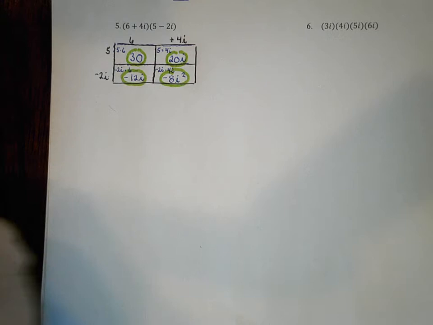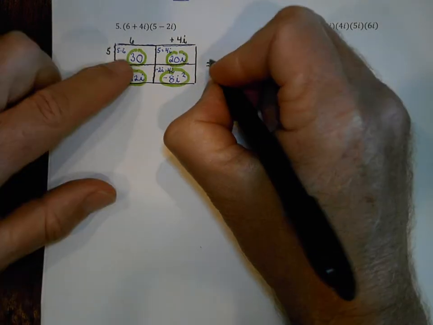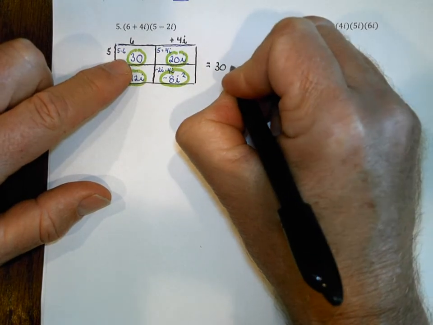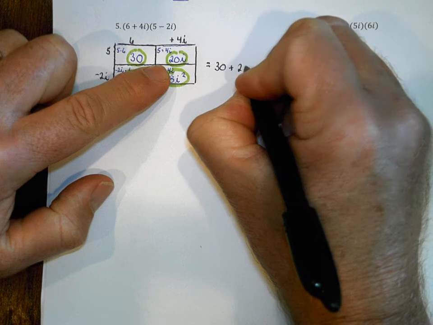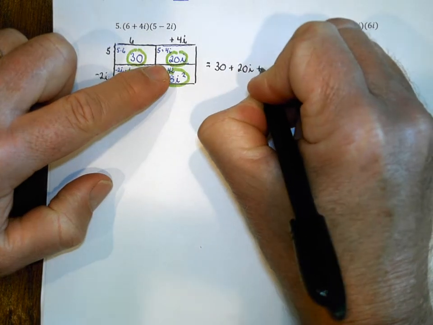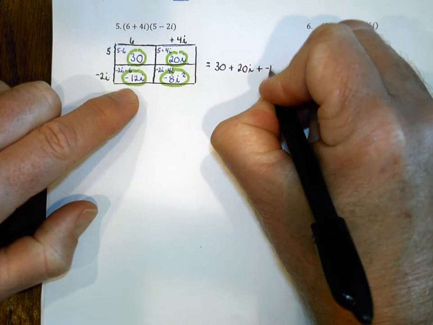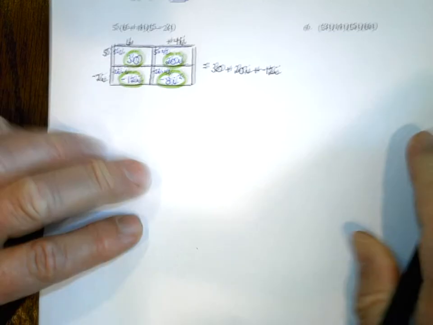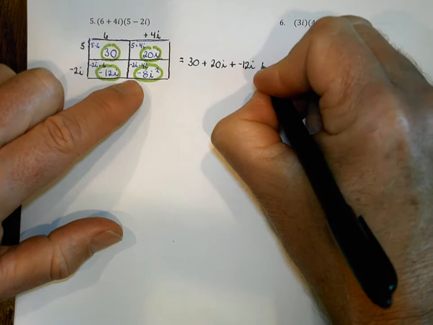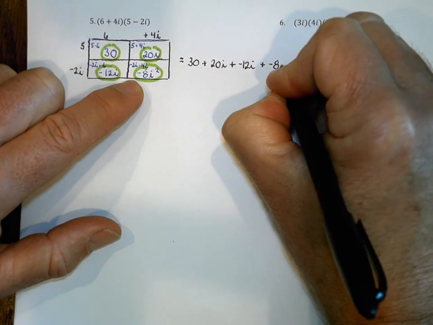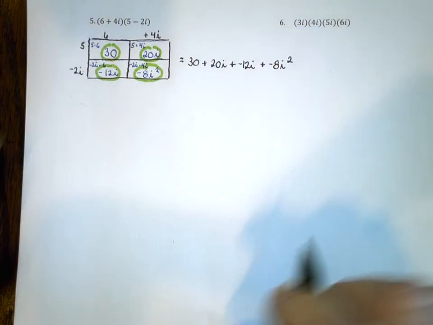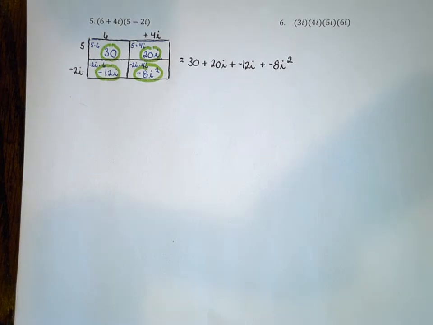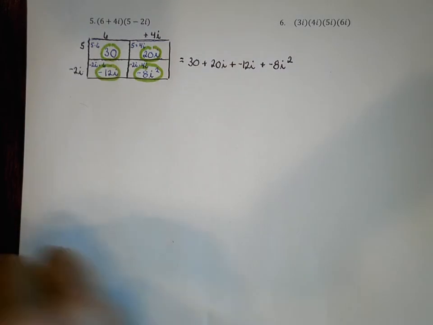So that means number 5 would be equal to 30 plus 20i plus negative 12i plus negative 8i squared. Okay, and that would be your final answer if and only if you can't combine anything together.